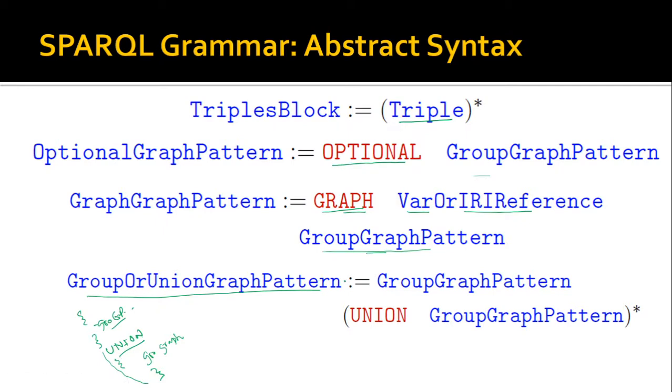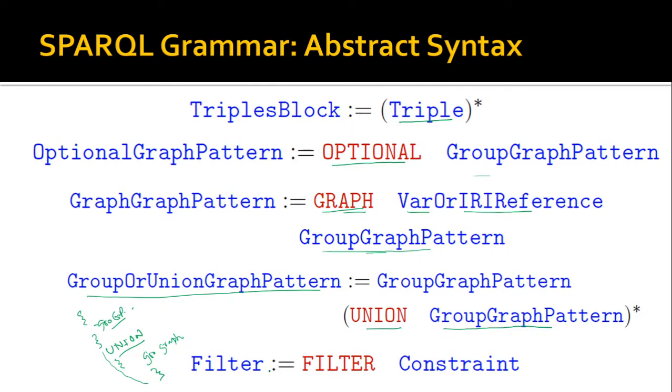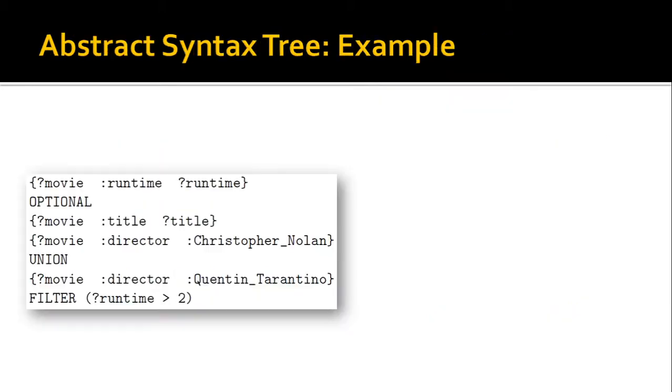So again, you can see that inside one union construct, you can be having another nested union construct, because this is a recursive definition or recursive rule, right? Now finally, the filter starts with one filter keyword and is followed by a constraint, which is basically a boolean kind of expression.